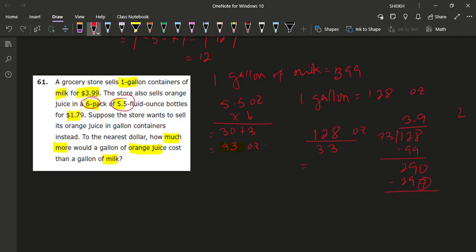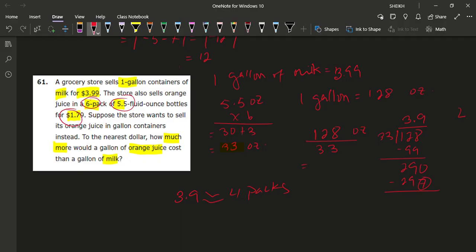So we need to buy 3.8 packs of orange juice, but it's not possible to buy 3.8. So we have to buy 4 packs of orange juice, and each pack costs $1.79, as you could see.